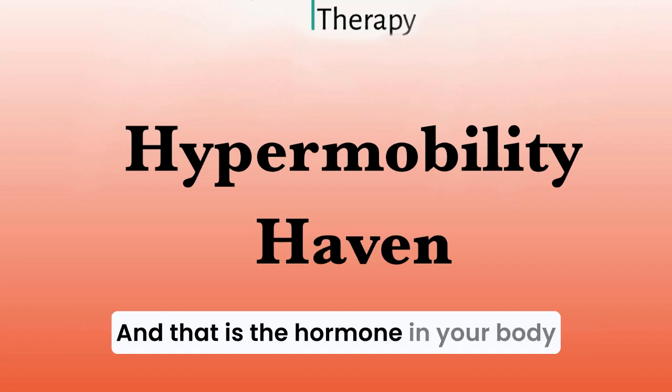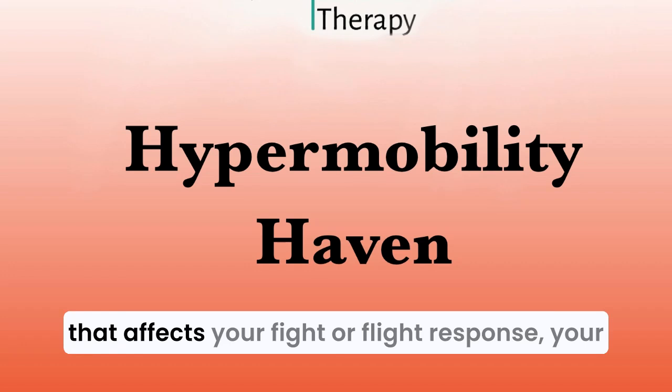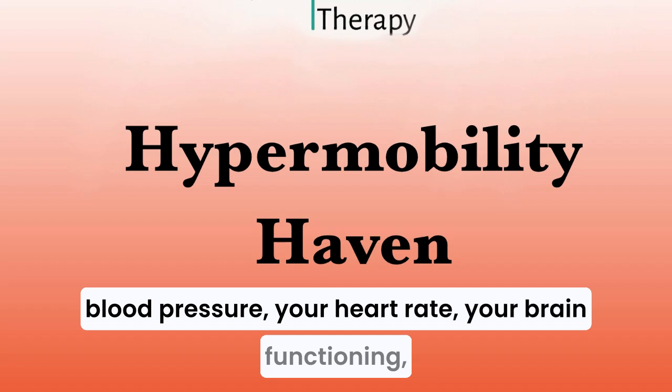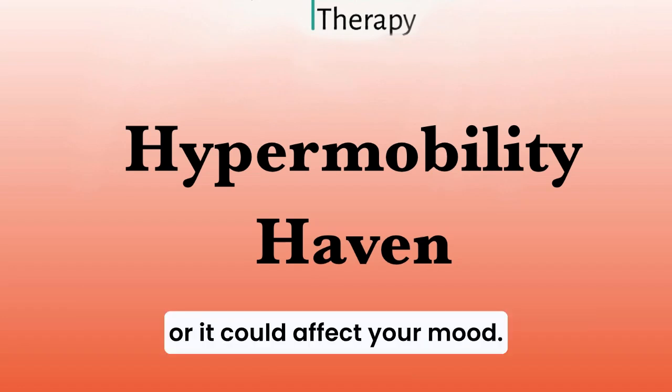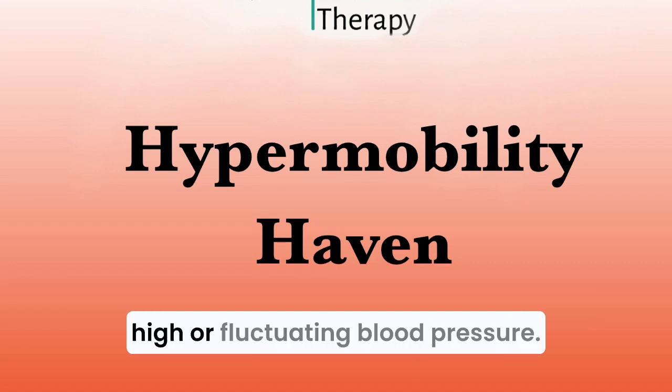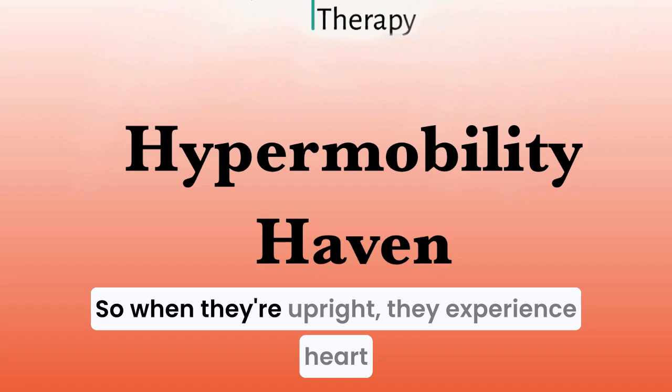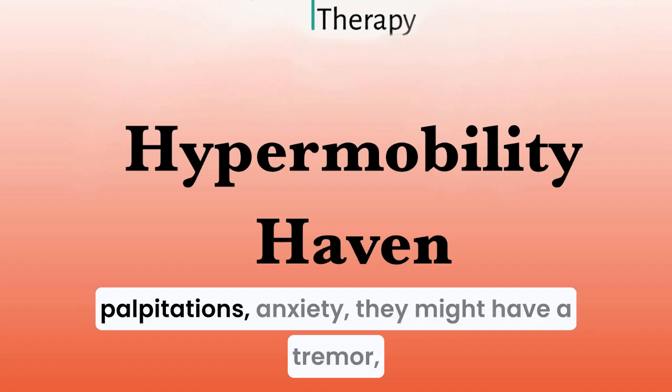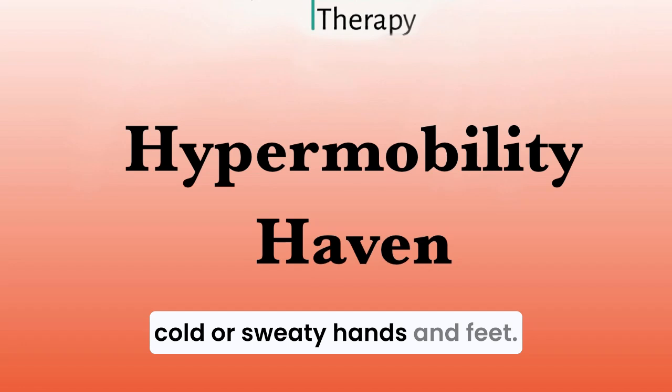and that is the hormone in your body that affects your fight or flight response, your blood pressure, your heart rate, your brain functioning, or it could affect your mood. And on standing, they have a high or fluctuating blood pressure, so when they're upright they experience heart palpitations, anxiety, they might have a tremor, cold or sweaty hands and feet.